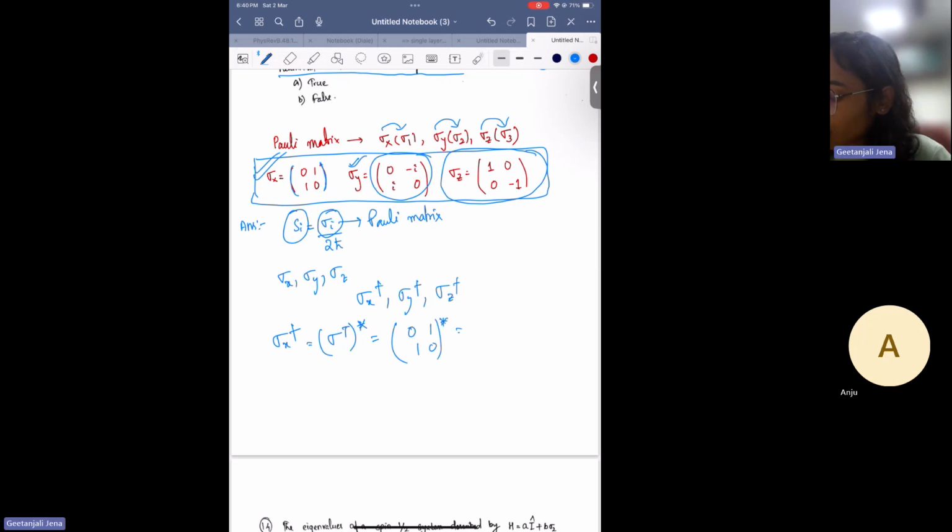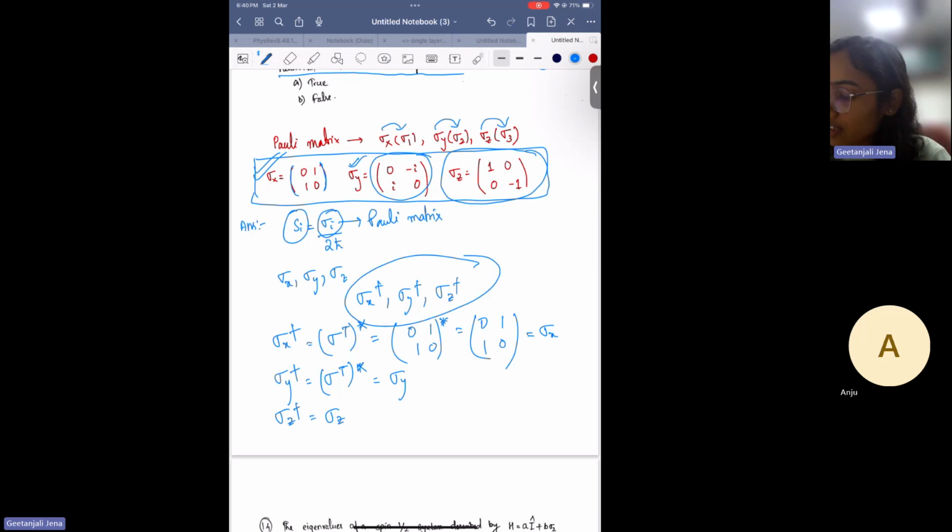If you now take the complex conjugate, it is 0, 1, 1, 0. So that means sigma x dagger is equal to sigma x. So this is Hermitian. Now if you follow the same steps, find the transpose and complex conjugate, you will see that this is nothing but sigma y, similar to sigma z also, which is equal to sigma z. So that means the Pauli matrices are Hermitian.